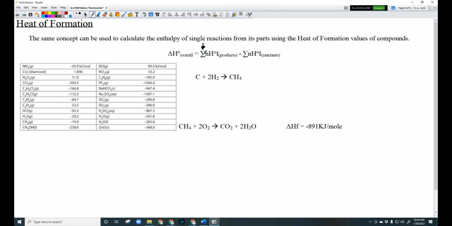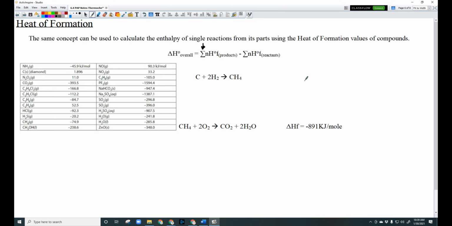So we're going to add up all the moles of the heat of formation of all of our products minus the summation of the number of moles of heat of formation of the reactants. Now, I know that looks complicated, but what that means is we're going to take the heats of formation for all of our products times the number of moles it is minus the heat of formation of the reactants.